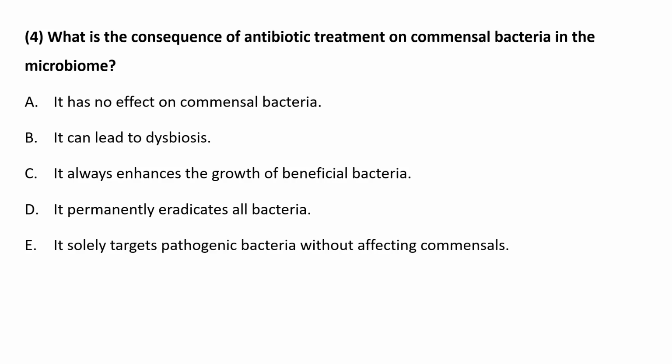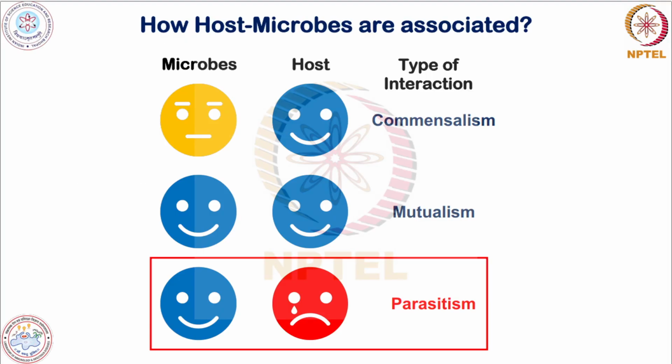So the next question is, what is the consequence of antibiotic treatment on commensal bacteria in the microbiome? Very easy and very direct: it can lead to dysbiosis. In the lecture slide, you might have seen the different types of interaction between host and microbe.